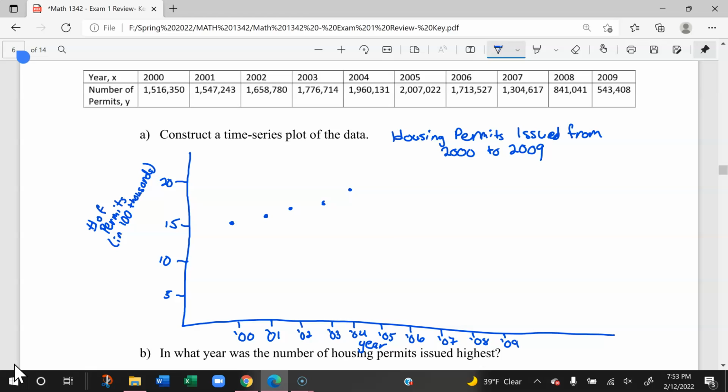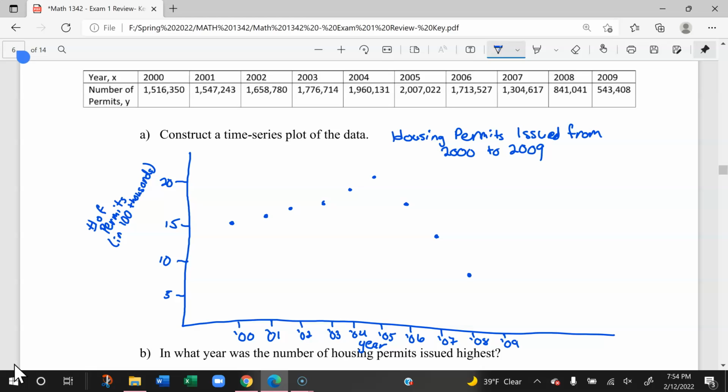In 2005 we were actually just over. 2006 we were back down to close to 17. 2007 we were down at 13. And then we were down here at 8.